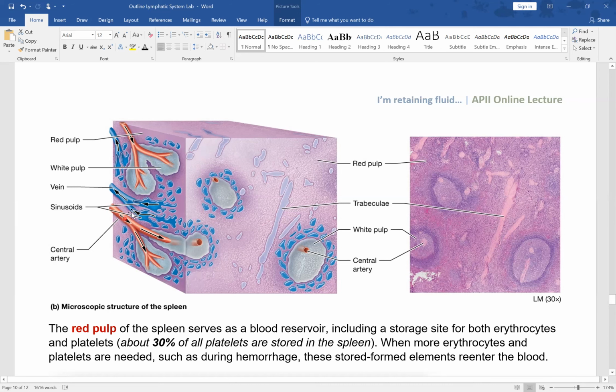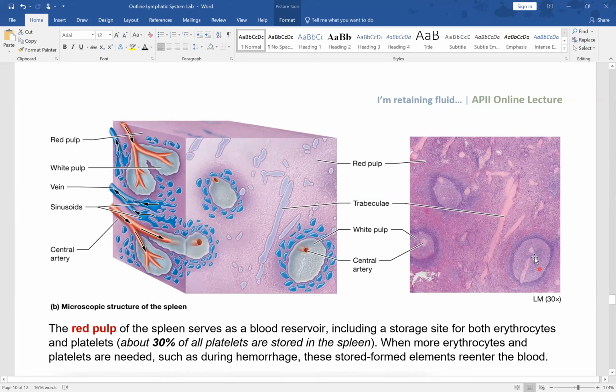So a sinusoid is like a little channel right here, and they flow through here. And because it's red, because it's got blood in it, the areas that are kind of red colored here between these little lighter color areas, that's called red pulp. The spleen has different terminology. The ones here that are lighter colored are called white pulp.